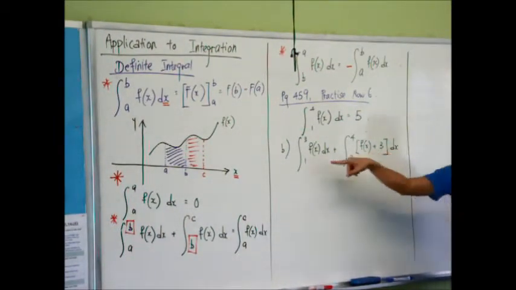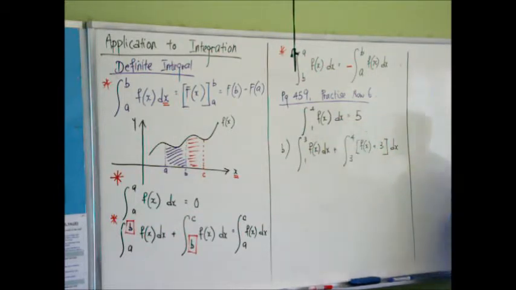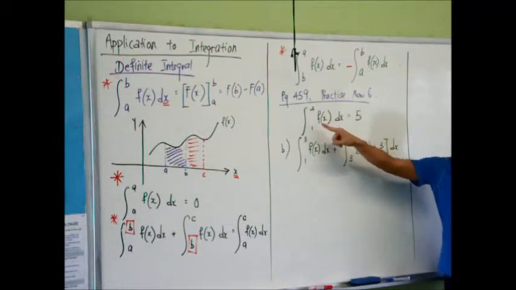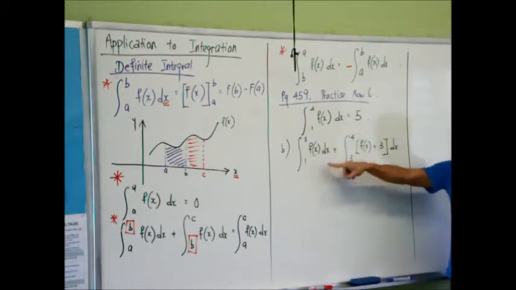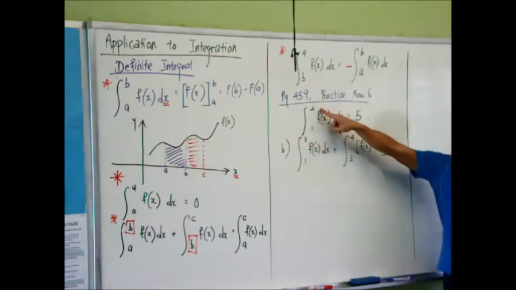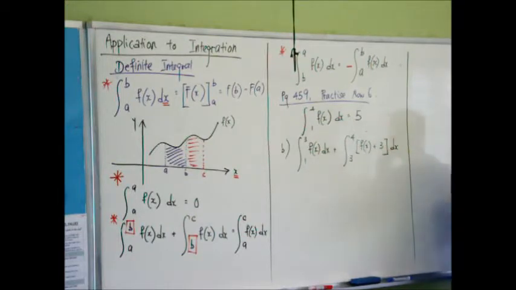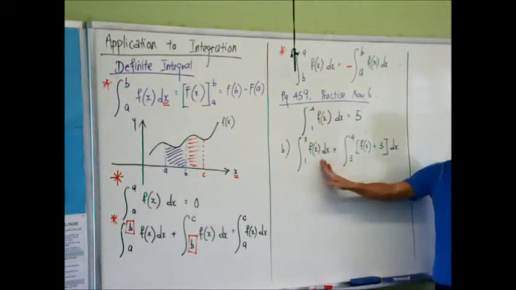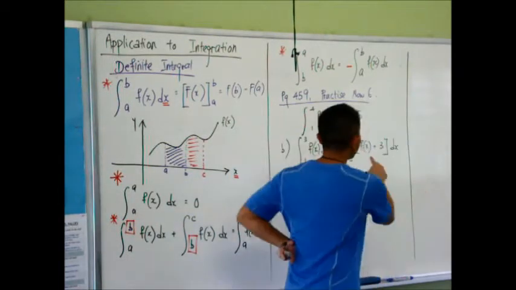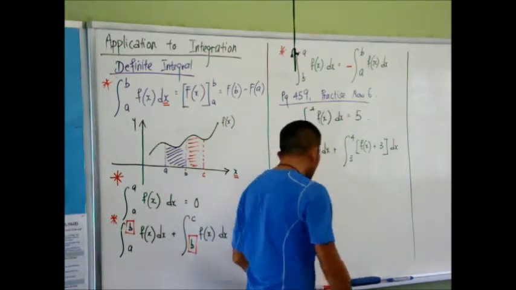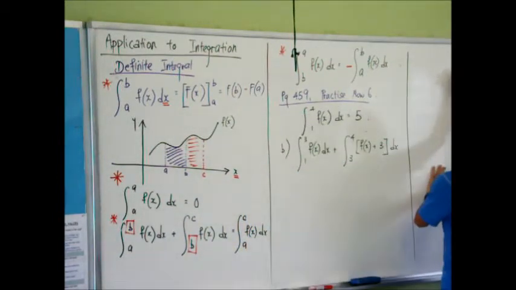Okay, can we solve the question using the definite integral immediately? Cannot. We can only solve it when we have changed it to this form. Notice this integral is from 1 to 4, but this is from 1 to 3, so we cannot do anything. Okay, this one shelve it first. But the second one, I need to bring you back to this concept again.